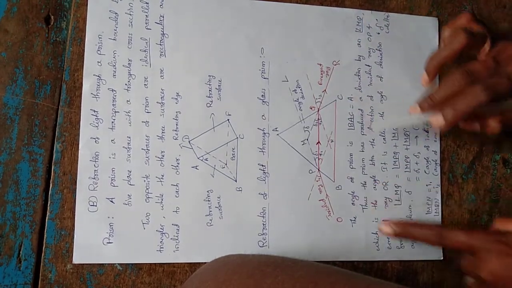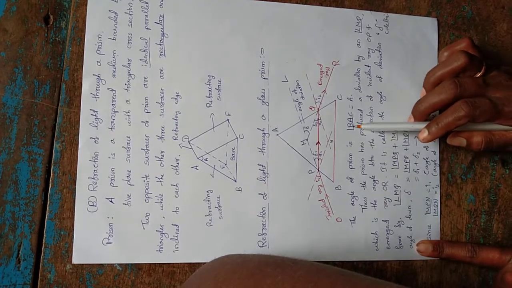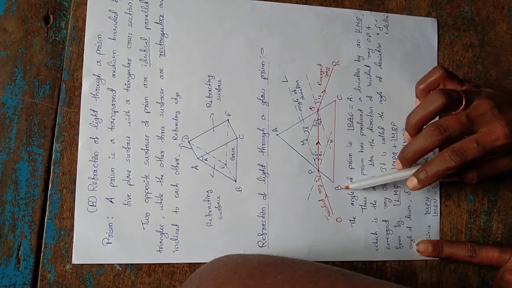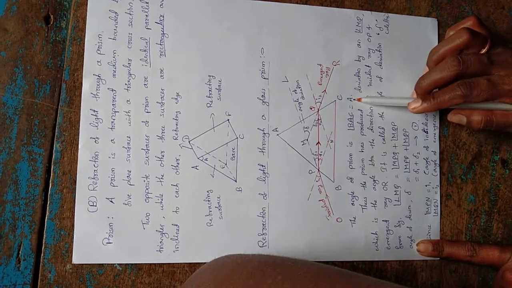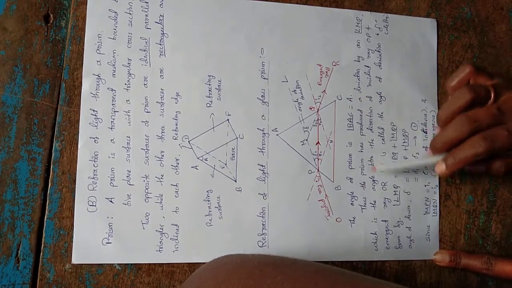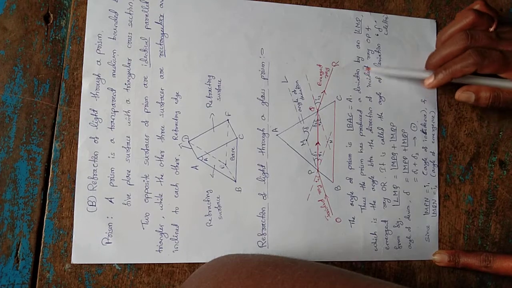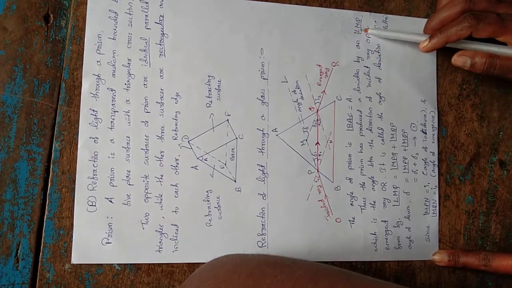BC is the base. The angle of prism BAC is equal to A. Thus the prism has produced a deviation by an angle LMQ.